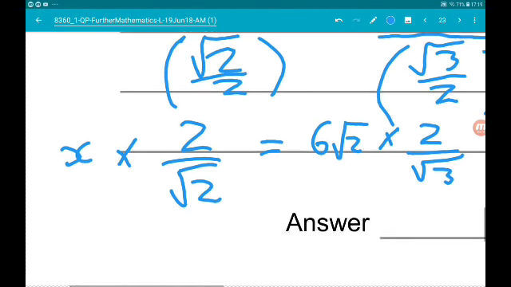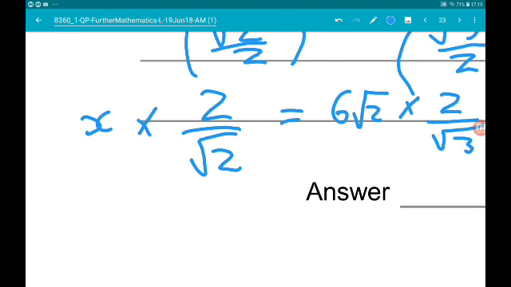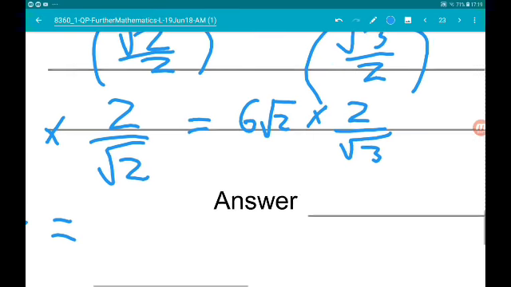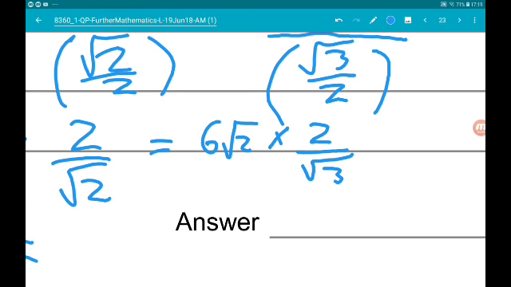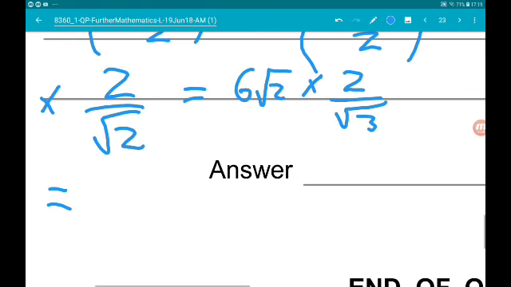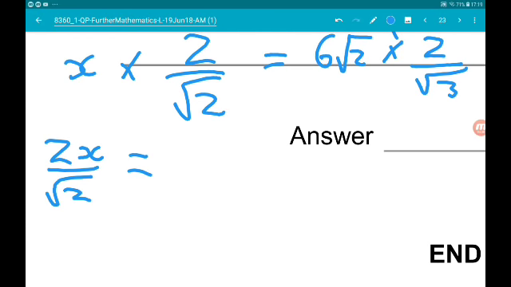So, on the left, we can write that as 2x over root 2 is equal to, on the right, 6 root 2 times 2 is 12 root 2 over root 3.